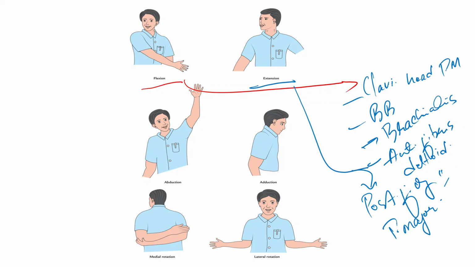When we talk about the abduction of the joint, it is mainly divided into three levels. The initial 15-degree abduction is mainly brought about by the supraspinatus muscle.